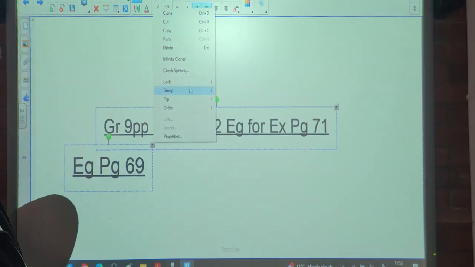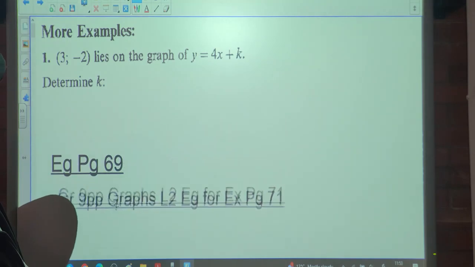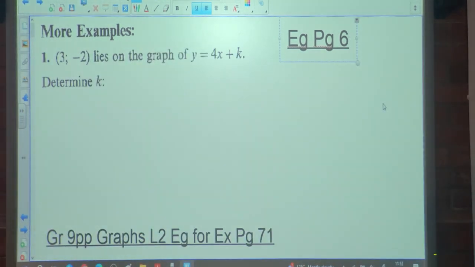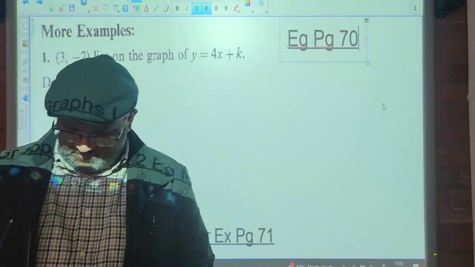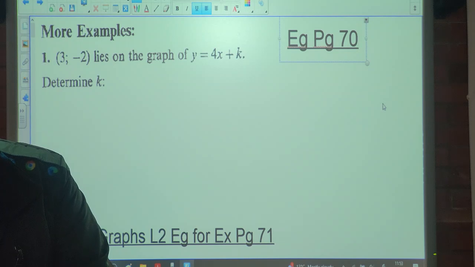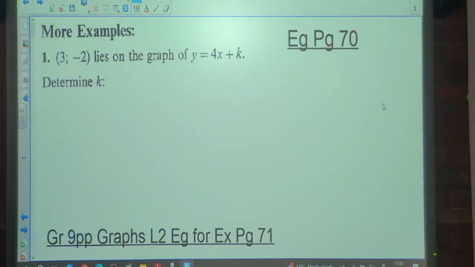We're on page 70 now. So write this one down.